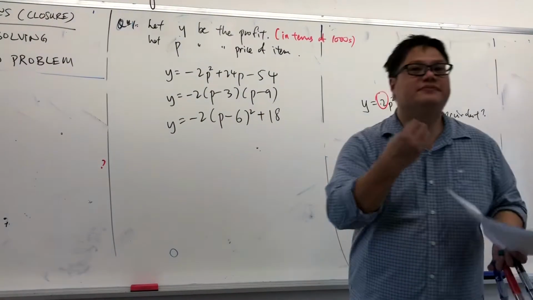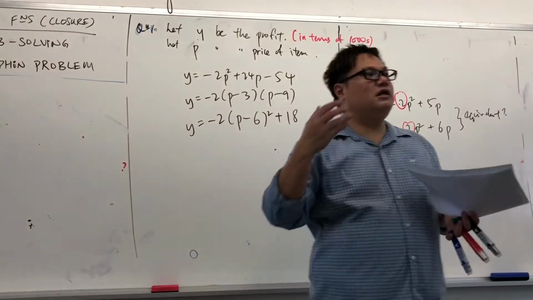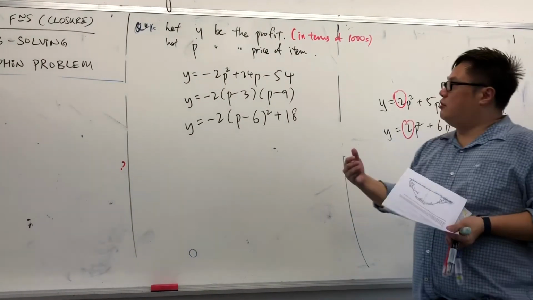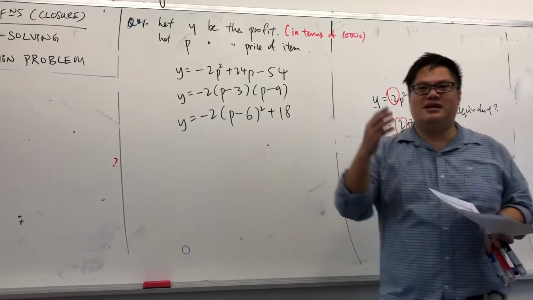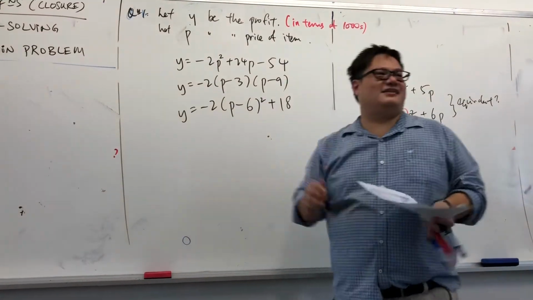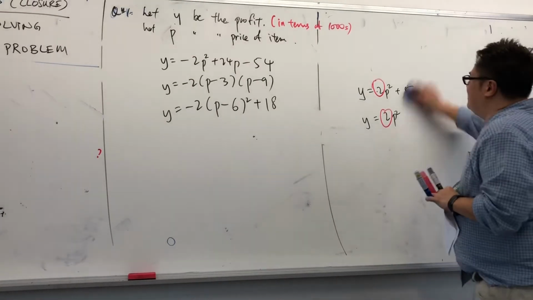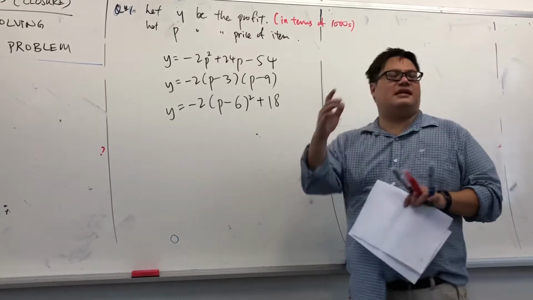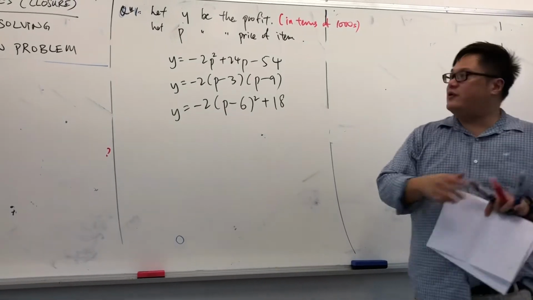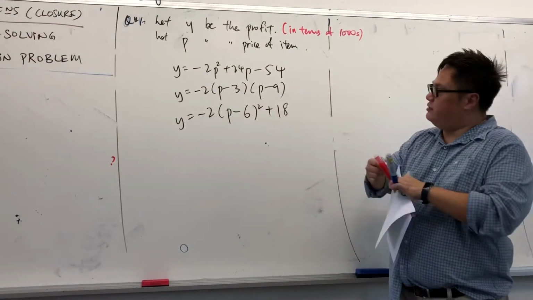Somebody else, come. Very good, you expand it, right? Sanya, sorry, I cannot remember your name. If Sanya mentioned you expand, so if you expand this, what will you get?